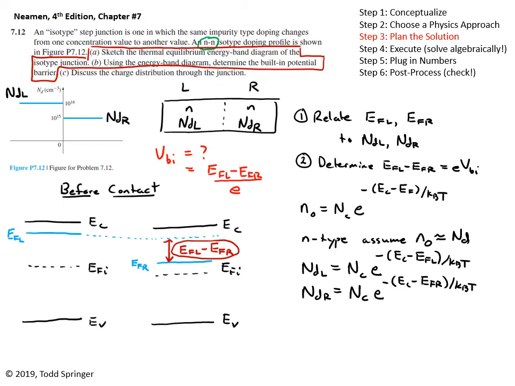So now we have those two equations, so we can try to plan out the steps. Let's call this equation 1, this equation 2. We're going to solve number 1 for EF left, and we'll solve number 2 for EF right, and then we'll subtract them.